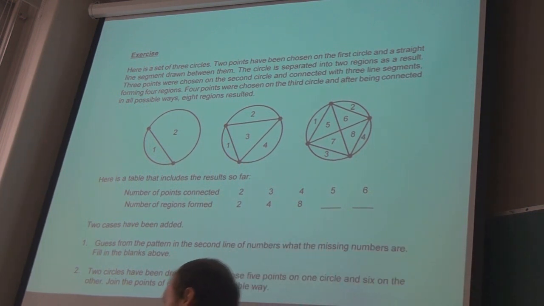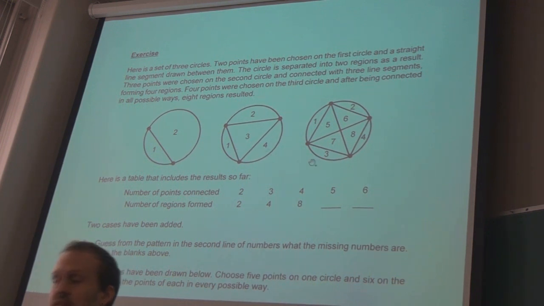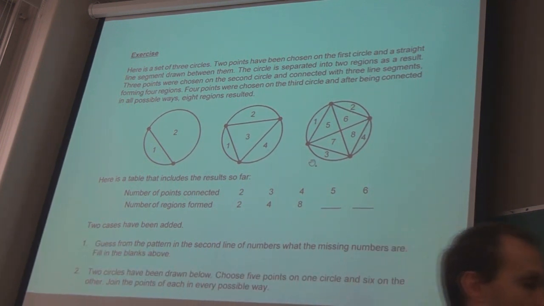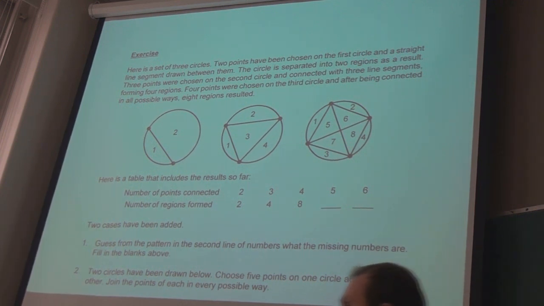And I break up the circle into 4 different regions. Then I increase the number of dots again to 4, and you connect all possible dots. Any 2 dots have a line between them. And that breaks up the circle into 8 different regions.